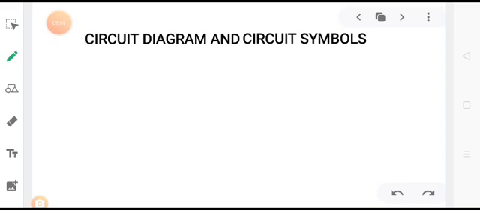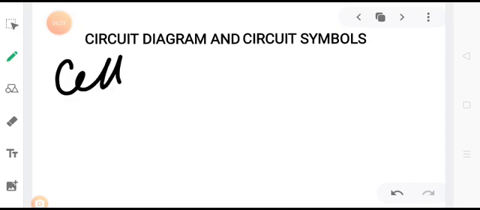To simplify this task, to make the diagrammatic representation of an electric circuit simple, people make use of certain symbols. Now we will study a couple of these symbols, and using the symbols we will try to draw a simple circuit. So let's begin.